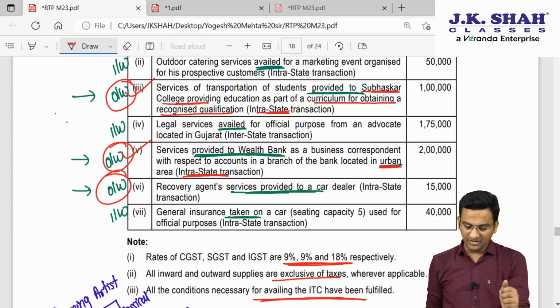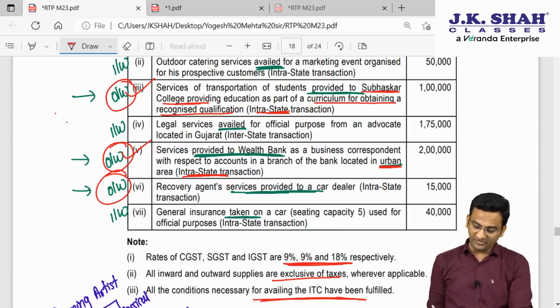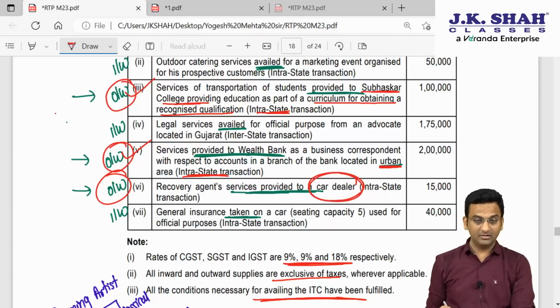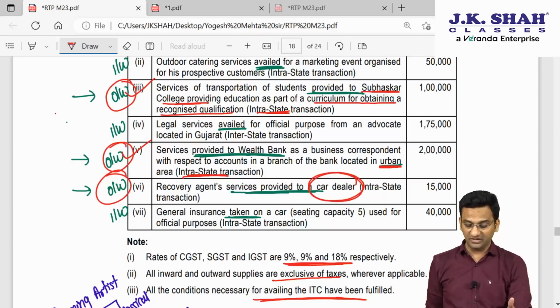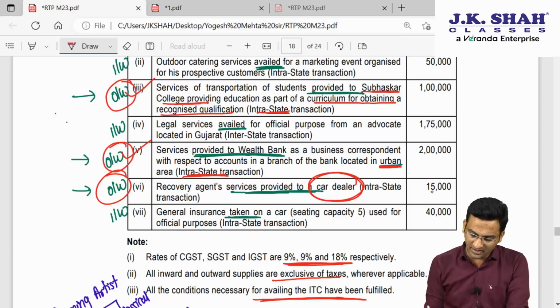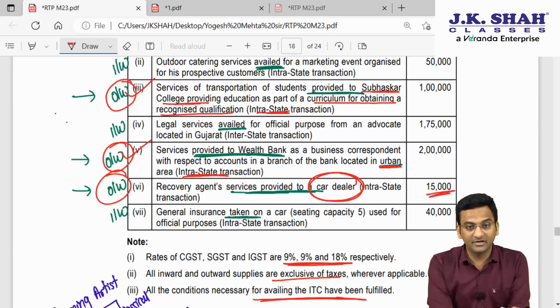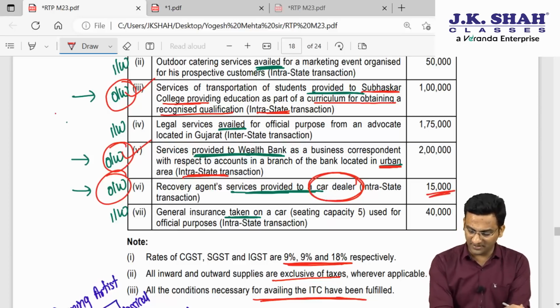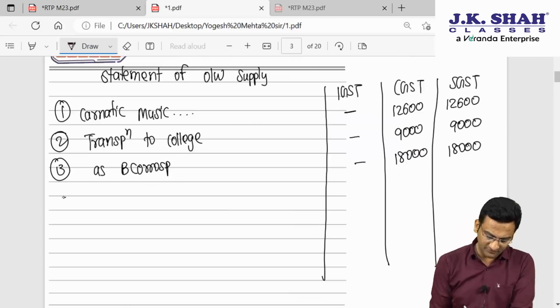In this case, friends, the recovery agent is providing services to a car dealer. He is not providing services to a bank or an NBFC or a financial institution. So hence, in this case, RCM is not applicable and the recovery agent is taxable. Again, FCM, correct, friends? Again, it will be taxable under the FCM basis.